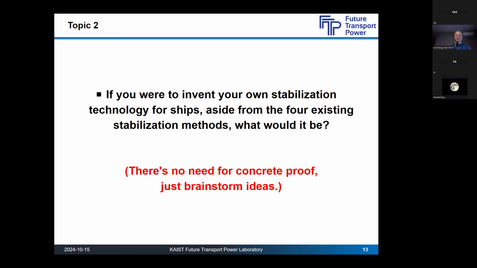As a hint for ideas, some existing stabilizations that some ships use are like a gyroscope. Okay, thank you.